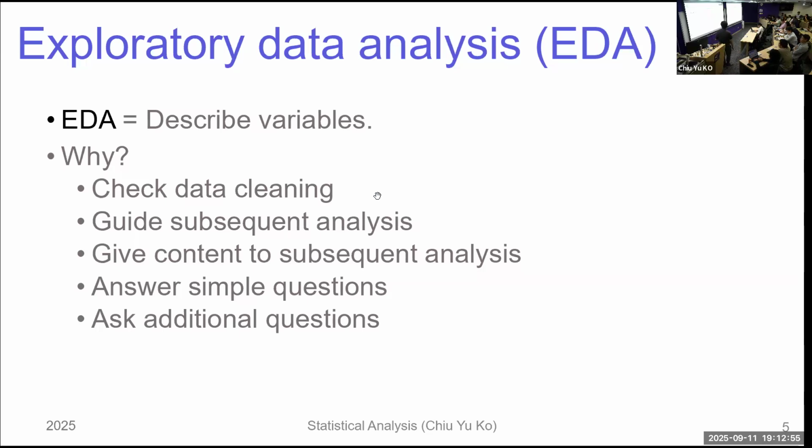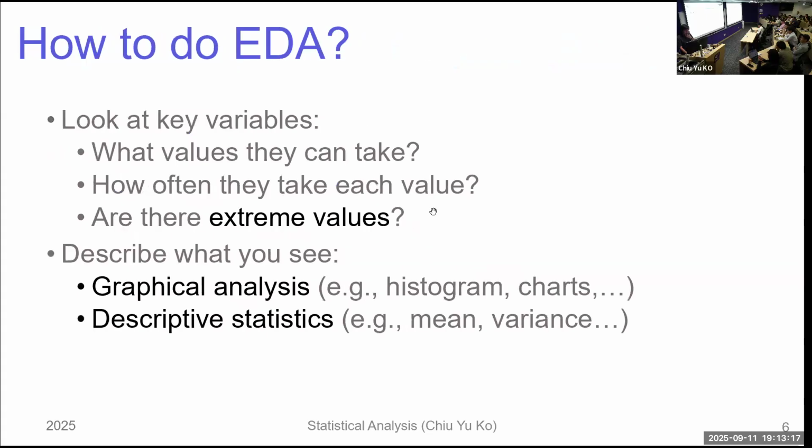Very often you have to check whether the data is right or wrong, because there may be something happening in the background. Even the computer can have problems, programming code errors, that end up in the data you have. So this has to be checked every time. And you can ask some simple questions based on the data. That is the reason why I do EDA.